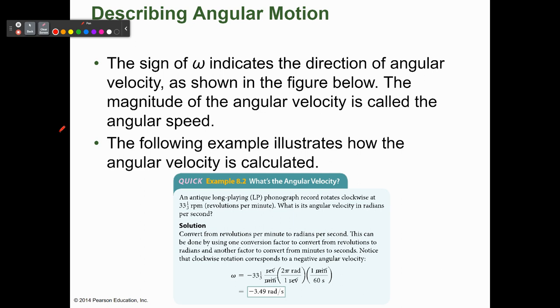Okay, so the sign of the angular velocity indicates the direction, just like in regular linear velocity. The magnitude of angular velocity is called angular speed. So just be aware that if they talk about angular speed in a problem, they are talking about the number value only of the angular velocity.